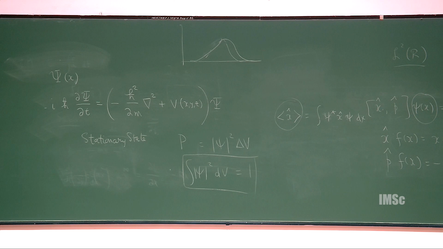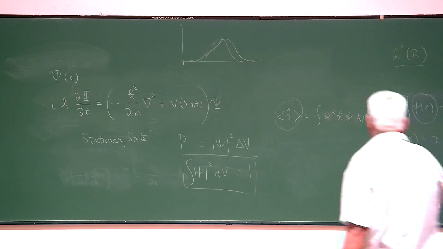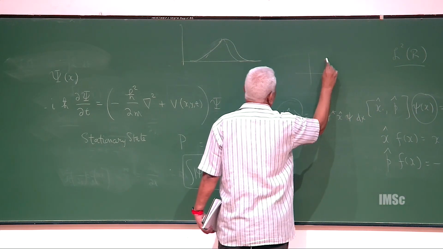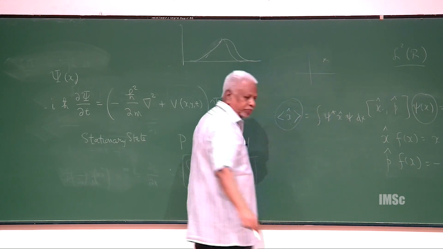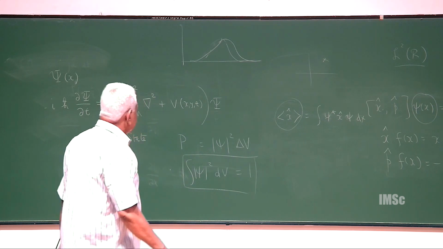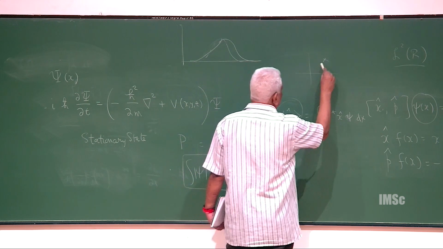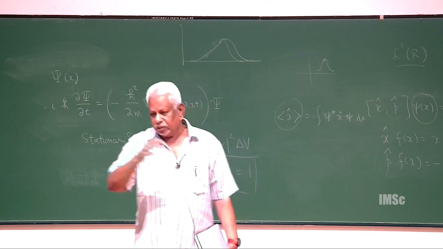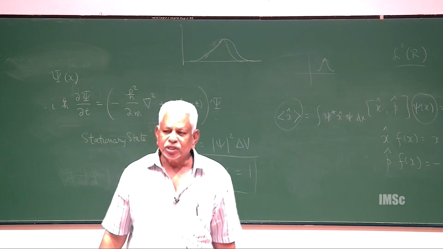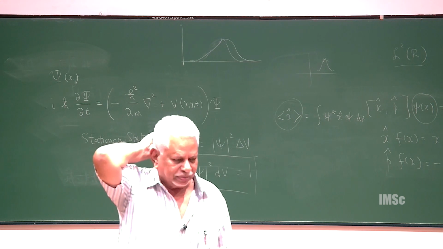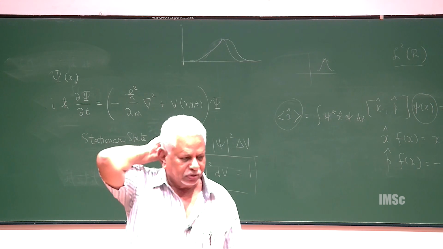The maximum number of times will be here, but you will find it at different places at different times. It will be distributed from here to here, okay. The expectation value tells you where you will find it a large number of times, the maximum number of times if you want.